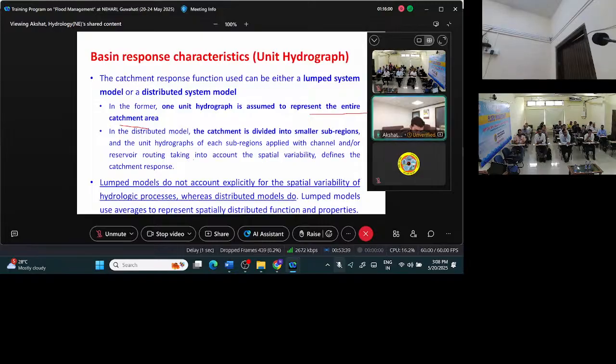So in the distributed system, we'll have a different kind of rainfall for each sub-basin. In the case of a lumped system, we'll have one rainfall, one unit hydrograph. In distributed, we have multiple rainfalls and multiple hydrographs. The lumped model does not explicitly account for the spatial variability of hydrological processes, whereas distributed models do. Lumped models use averages to represent spatially distributed functions and properties.